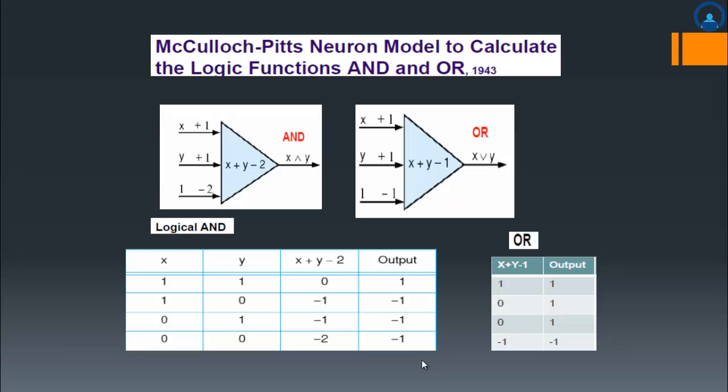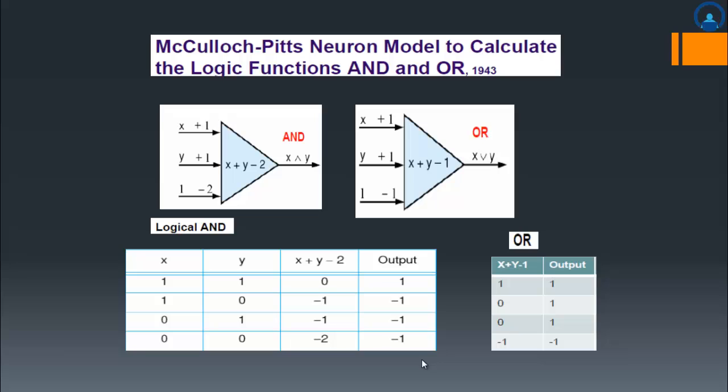Now, the McCulloch-Pitts neuron model to calculate the logic functions AND and OR. It was established in 1943. Look at the diagrams: the first represents AND and the next represents OR. The figure shows a McCulloch-Pitts neuron for computing a logical function.